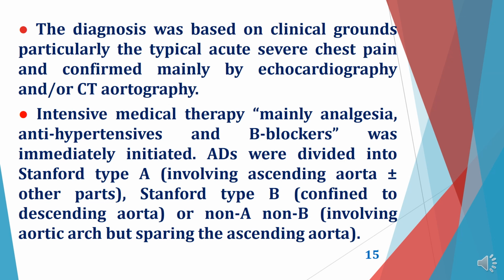Intensive medical therapy, mainly analgesia, antihypertensives, and beta blockers, was immediately initiated. Aortic dissections were divided into Stanford type A, involving ascending aorta plus minus other parts, Stanford type B, confined to descending aorta, or non-A, non-B, involving the aortic arch but sparing the ascending aorta.